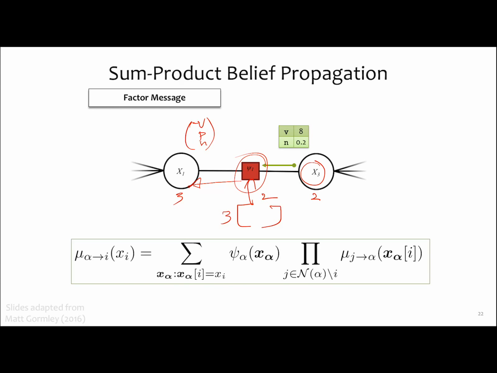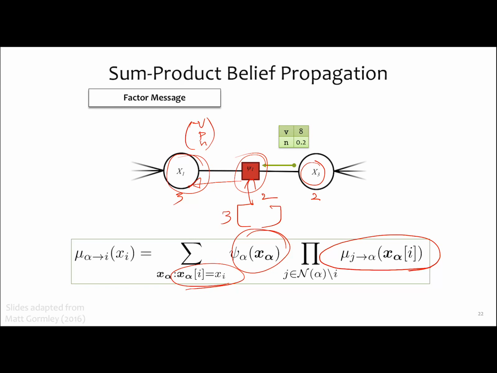But x1 only understands messages in the language that it has. If you have any other things, you have to get rid of them; you have to integrate them out. So the way it works is that it receives all of the messages from surrounding nodes, multiplies all of them except the one it is sending the message to, applies its own factor, and integrates out all of the variables except the one it's sending the message to.